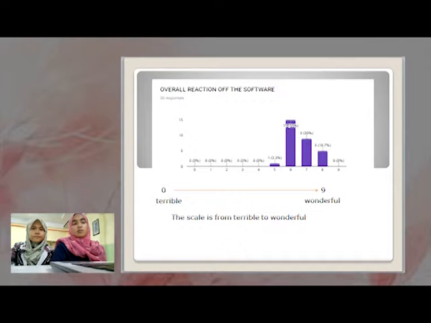The scale is from terrible to wonderful. Based on that question, most chose 5 until 8 on the scale. So the overall reaction to the software is wonderful.